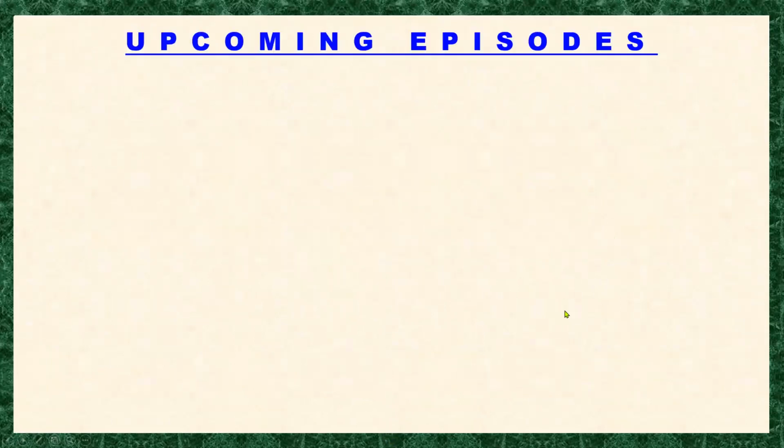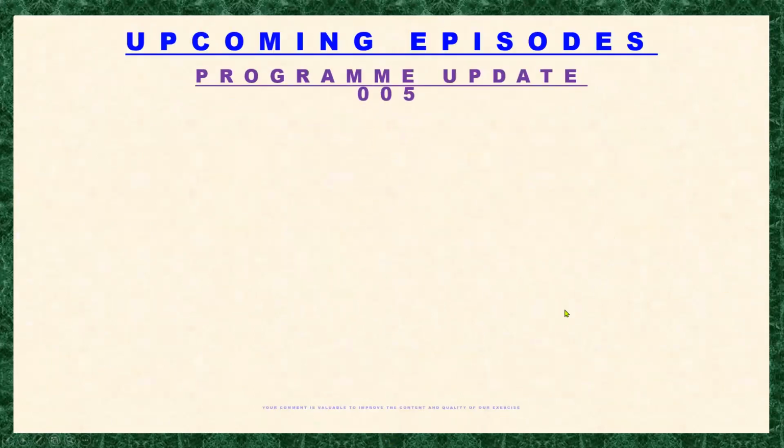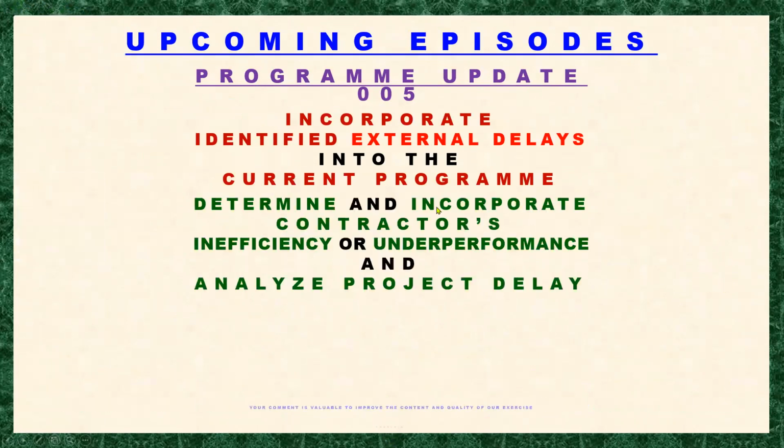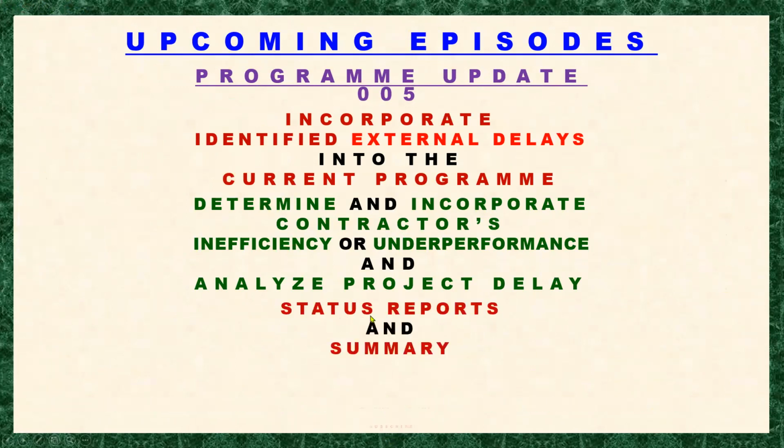And here is our upcoming episode, still on program update 005. Incorporate identified external delays. So we will be working on external delays into the current program, determine and incorporate contractors' inefficiency or underperformance, and analyze project delay. And the last is status reports and summary.